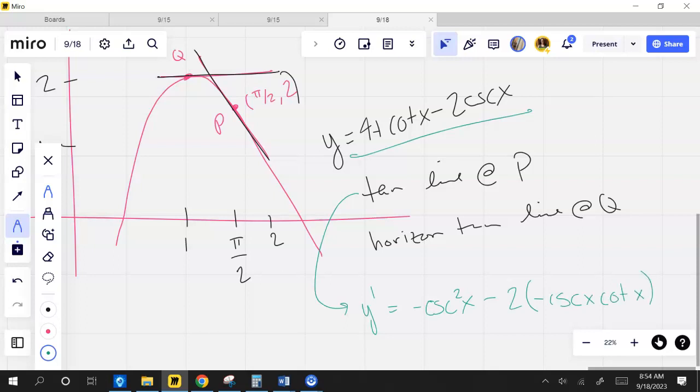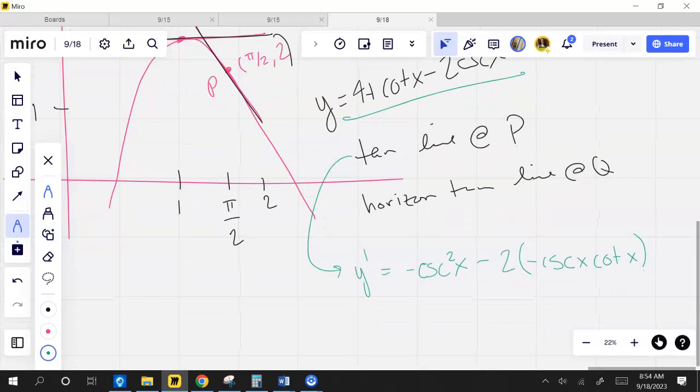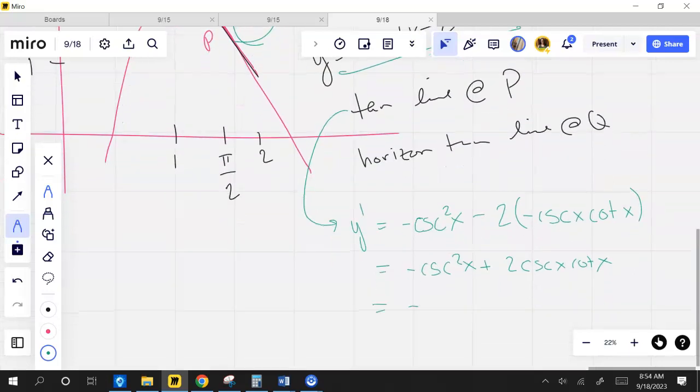Everybody okay? All right. So literally all I have to do is plus 2 cosecant x cotangent x. I need to plug in this x value so I can find the slope there, right? Negative cosecant squared, I'm at pi over 2, plus... and pi over 2 is a great value to be at.